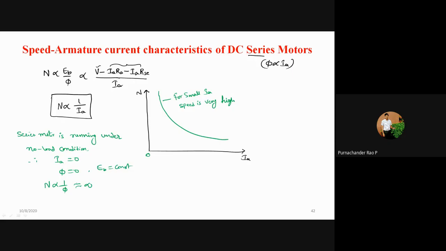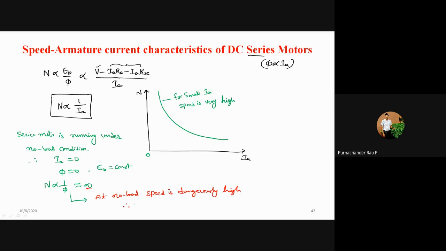So at no load, the flux is 0 and the speed is dangerously high. It is an infinite value, so it is dangerously high.